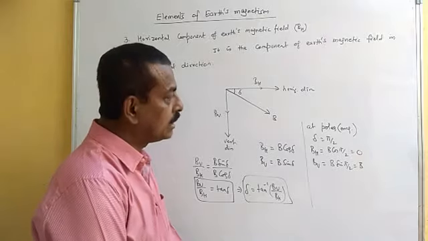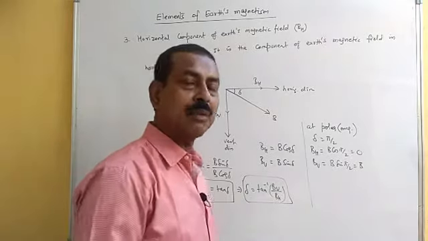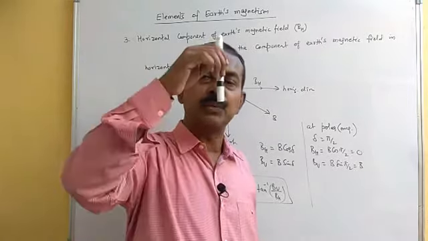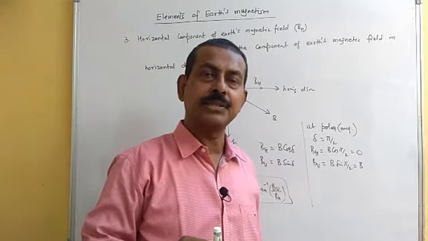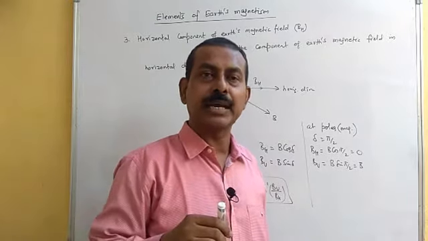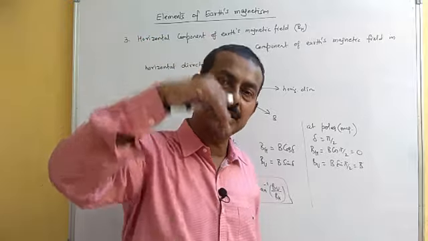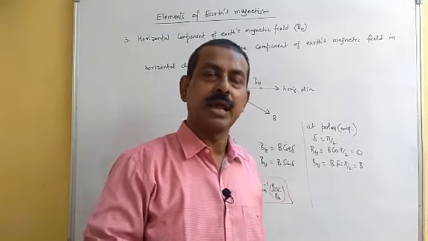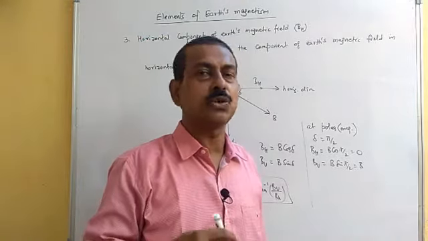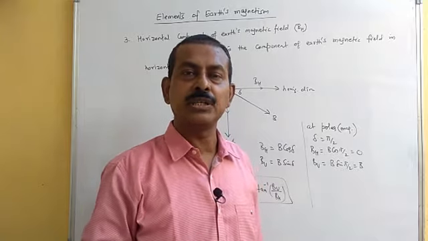Remember that when we say that at the pole we have a freely suspended magnet, it will get aligned only in the vertical direction. If it is in the vertical direction, it means Earth's magnetic field is in the vertical direction there. And if it is in the vertical direction, obviously there is no component in the horizontal direction.